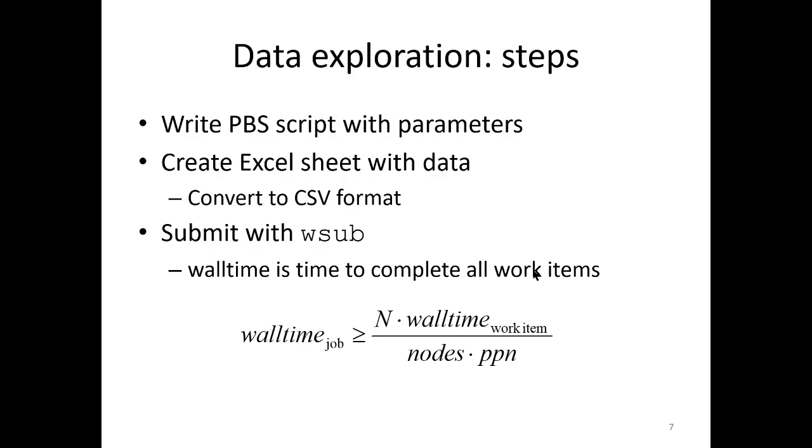And of course, it's always safe to make the wall time for the job a bit larger than that particular fraction, because there will be a little overhead and you might underestimate the wall time of some individual work items.